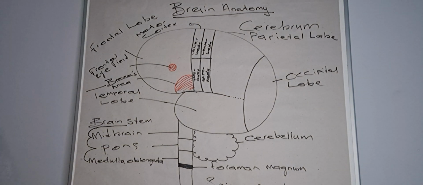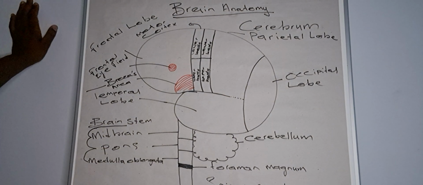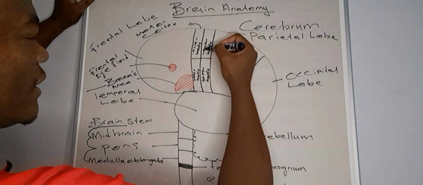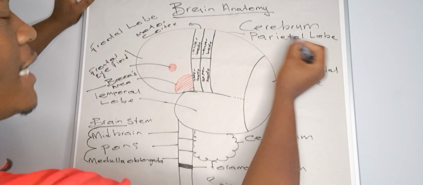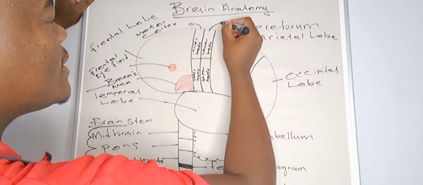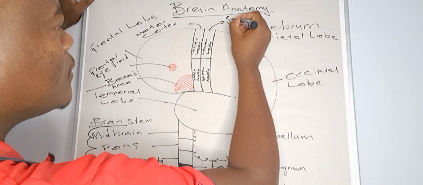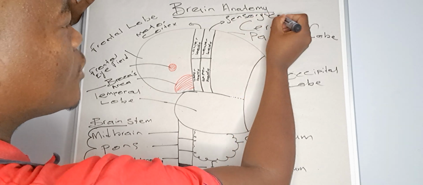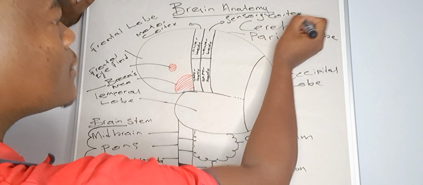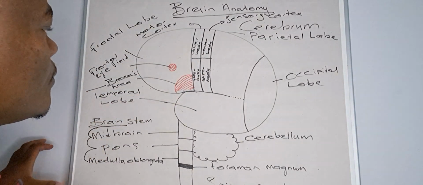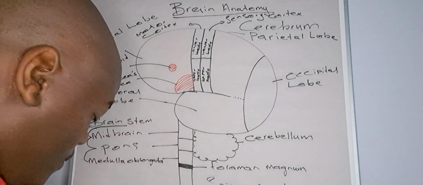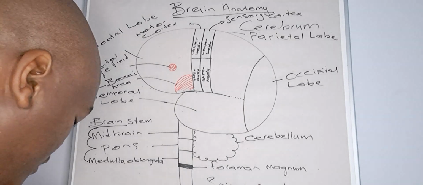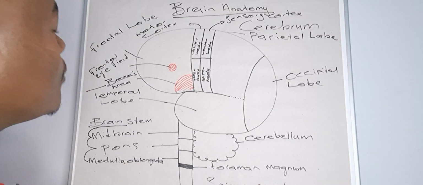Now, what is the name of this one that exists within the parietal lobe? This one is your sensory cortex. Let me just divide this thing clearly so that you can understand them quickly.